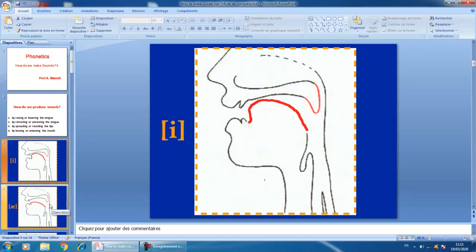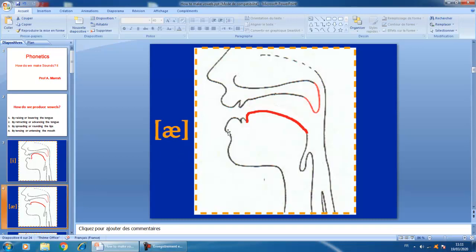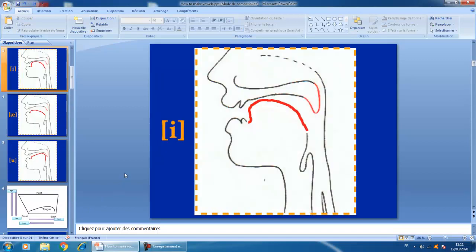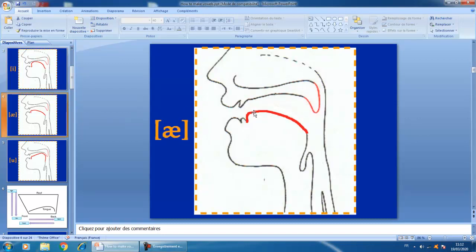Now, to see how E is exactly produced, let's compare it to A. Look at the position of the tongue for A here. The tongue is lower. So we can talk about E being high because the tongue is raised, and for A, we can say that the mouth is wide open because the tongue is lowered.